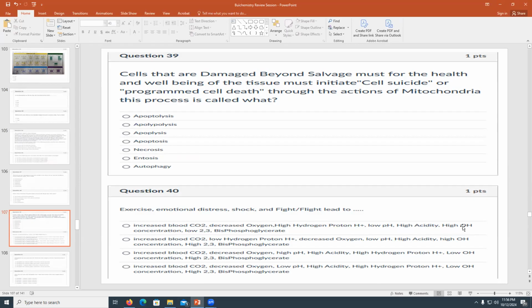No, the OH will be decreased. There will be low OH, and there will be high 2,3 BPG. So it must be increased CO2, decreased oxygen, low pH, high acidity, high hydrogen proton concentration, low OH, high 2,3 BPG, and that is the right answer, the last, fourth one.